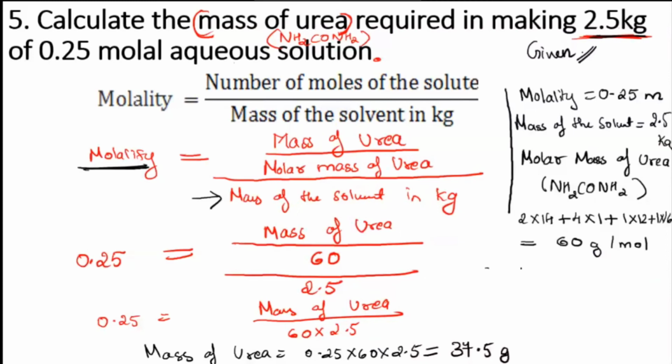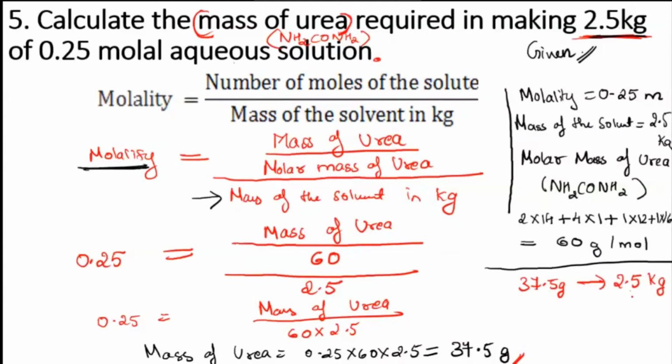Okay, now here see, you are asking me, the answer is 15 gram. 15 gram, no? Okay, I will clarify why you are saying that 15 gram. See, 37.5 is the correct answer, okay? This is the correct answer for how much? 37.5 gram you have to take if you are taking your solvent as 2.5 kg, okay?